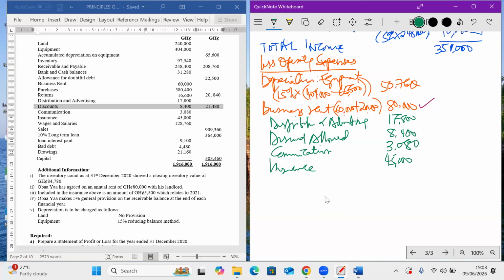And the insurance is for 2021. So is it accrual or prepayment? Prepayment. They have paid in advance to 2021. So we say prepaid insurance. How much is it? 5,500. Do we add or subtract prepayment?